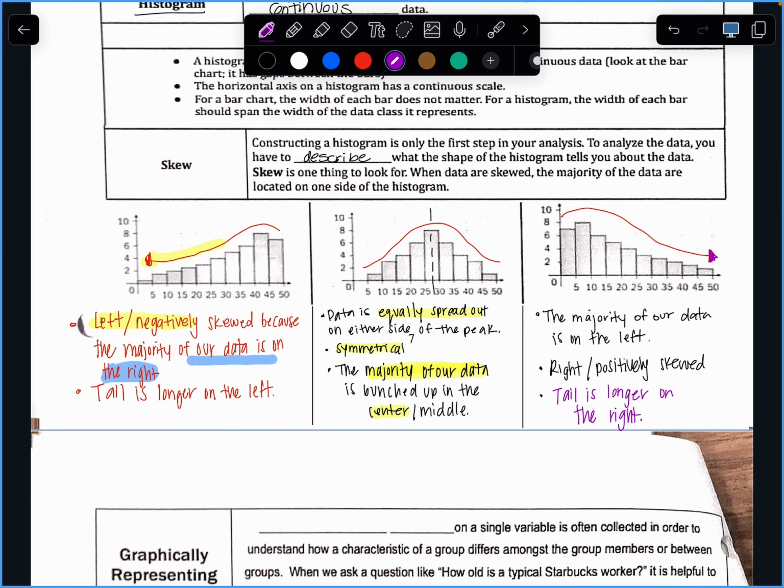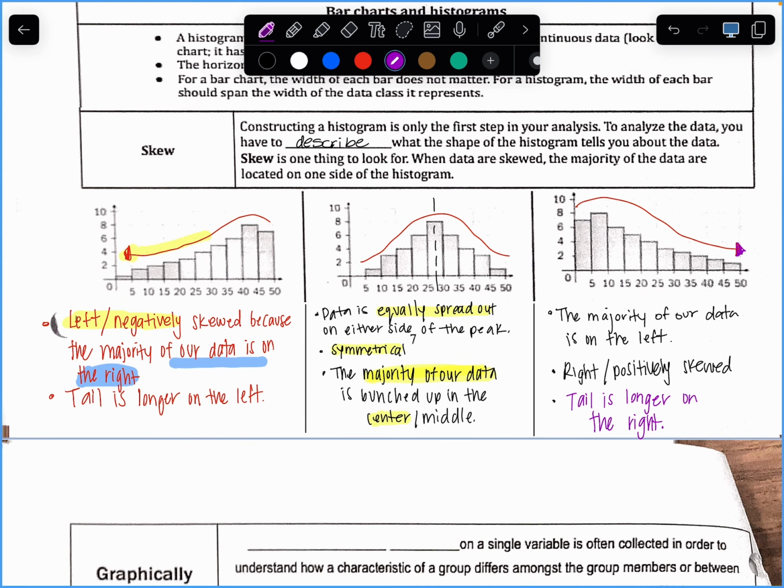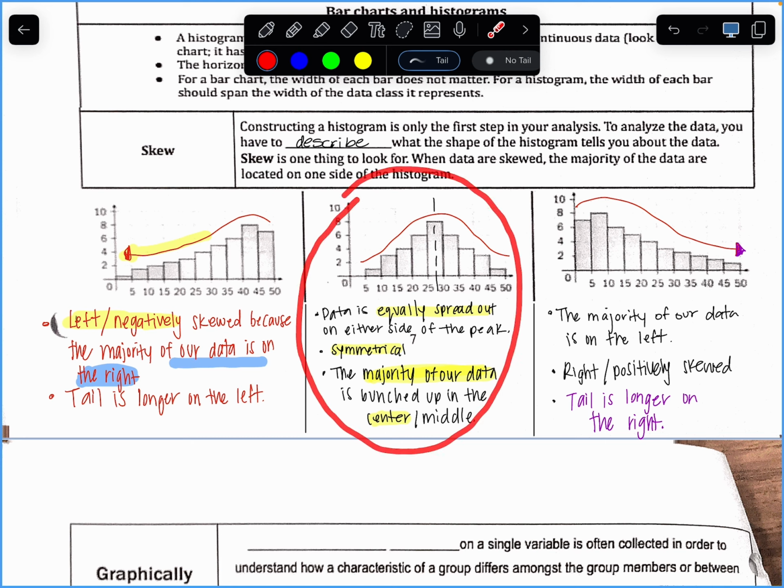So if we do the project, you will have to create a bar chart or a histogram, and you have to tell me, hey, it looks like it's skewed to the right, or it's skewed to the left. Or you could even say, hey, Ms. Sanchez, the question that we posed gave us data that is symmetrical.